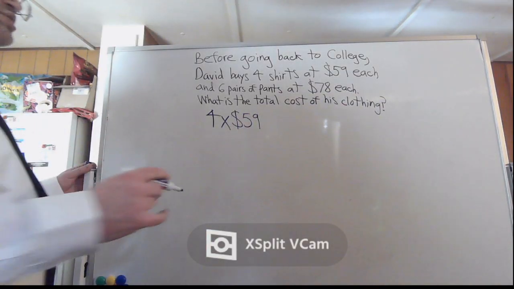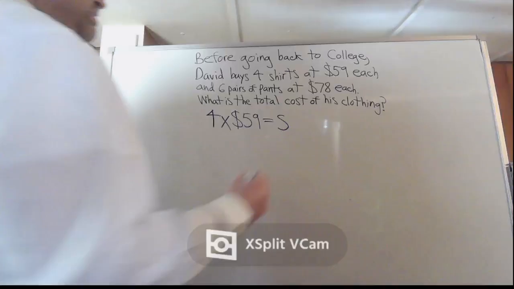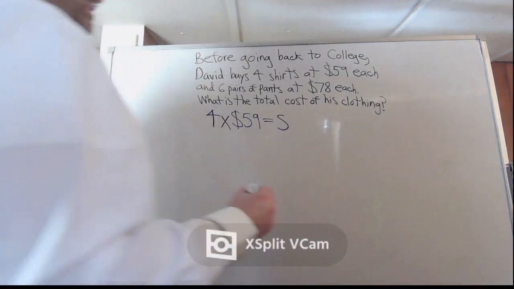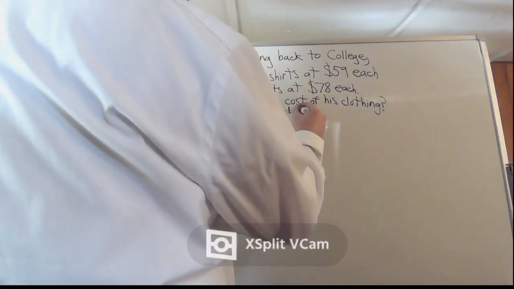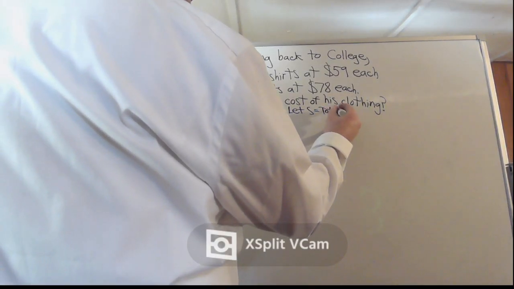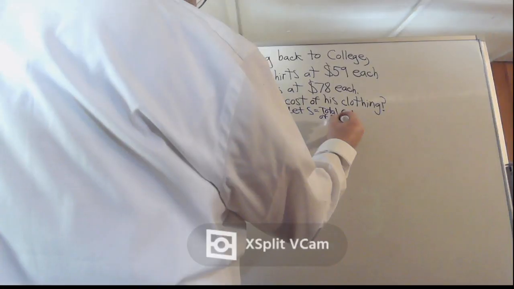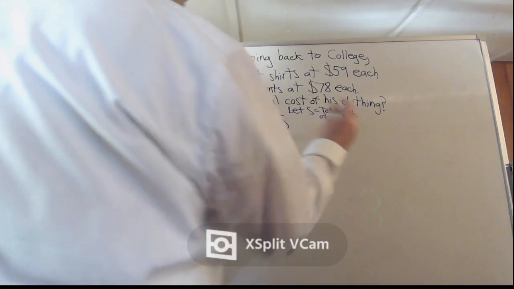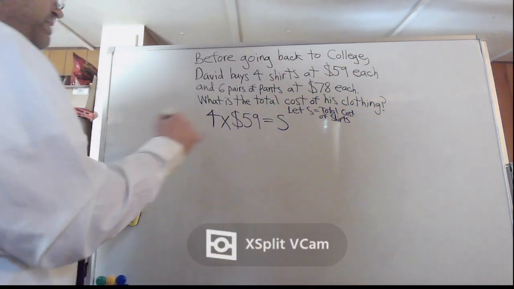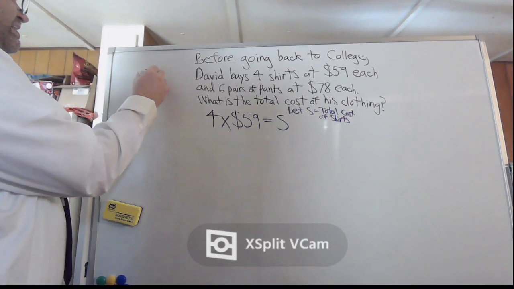What is the solution variable we want to pick? We'll say S. So we'll let S equal total cost of shirts. So far we're only figuring out the shirts. So we have a simple problem of 59 times 4.